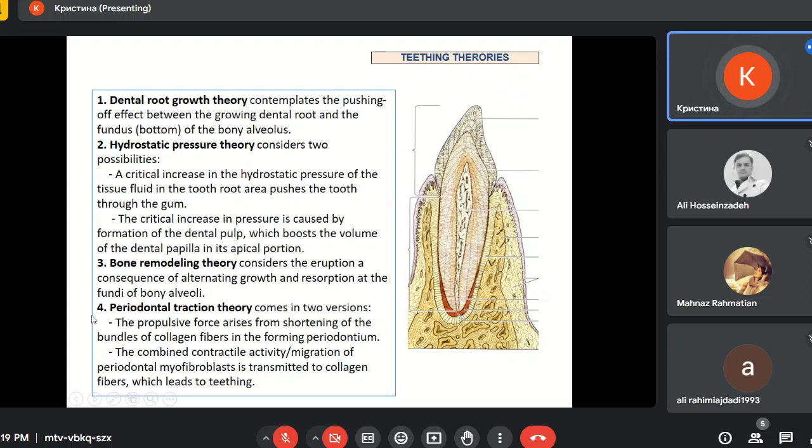And the fourth one is the periodontal traction theory. It is about the developing periodontal ligament.